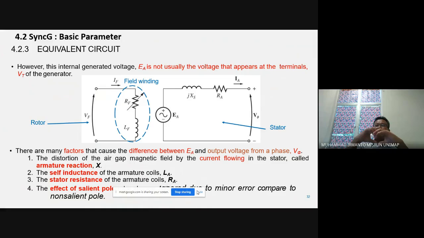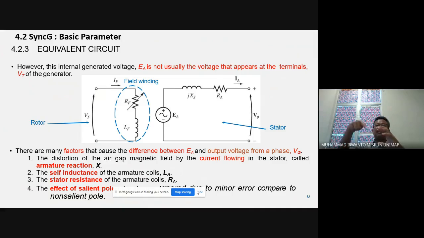The rotor is connected to the DC voltage source, and then current will flow through the rotor winding. Its function is as an exciter.